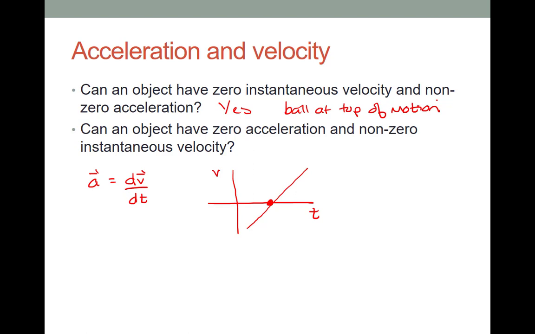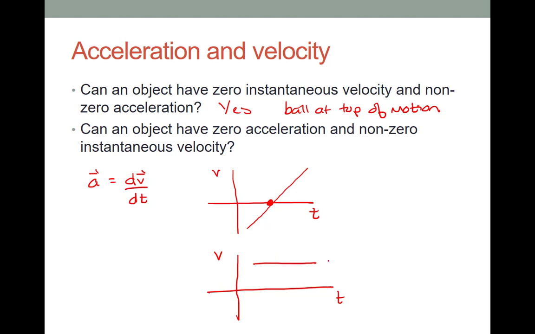For the second question, can an object have a zero acceleration and a non-zero instantaneous velocity? The answer here also is yes. To get an acceleration of 0, I need to have a slope of 0. Well, a slope of 0 is a flat line.